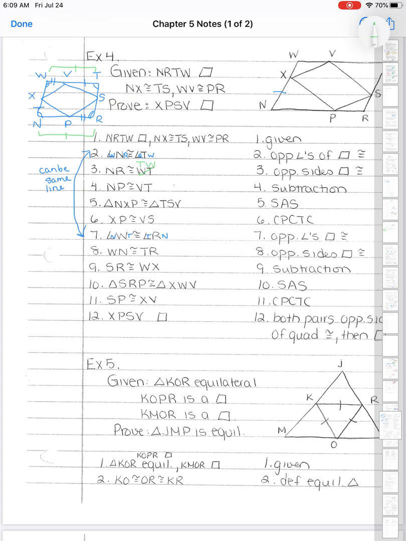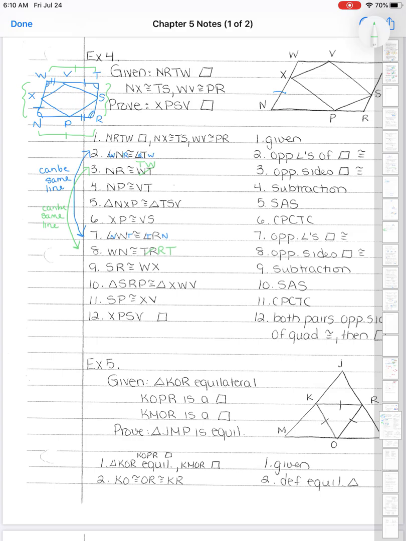But 2 and 7 can be the same line. I'm going to write can be same line. I don't know why I split it here. All right, for 3, we know that NR and TW are congruent, and I think I have another one, yes. So 3 and 8, same thing.